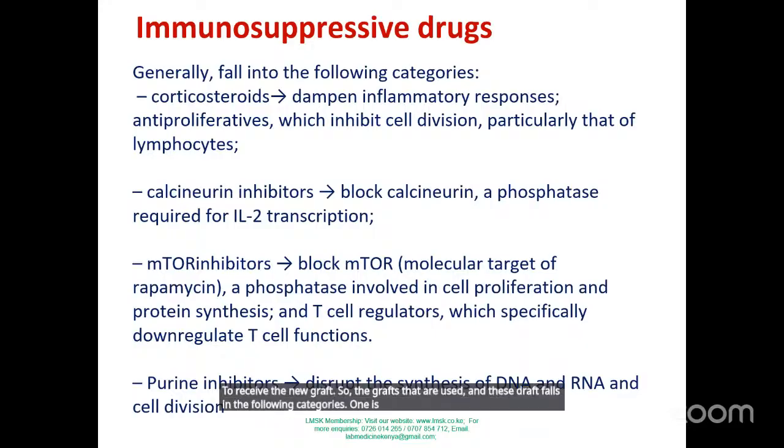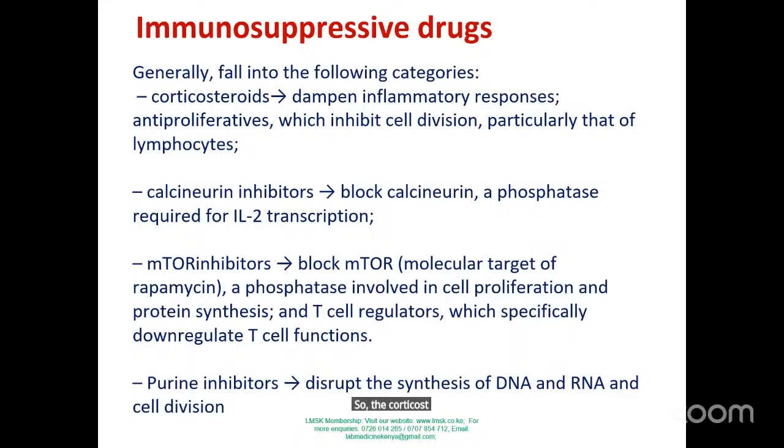One is corticosteroids. Corticosteroids have an anti-inflammatory effect, which means they inhibit cell division, particularly that of lymphocytes. Remember, once the T cells are activated, there is a proliferation state where they multiply in number and become effectors able to recognize the allograft peptides.